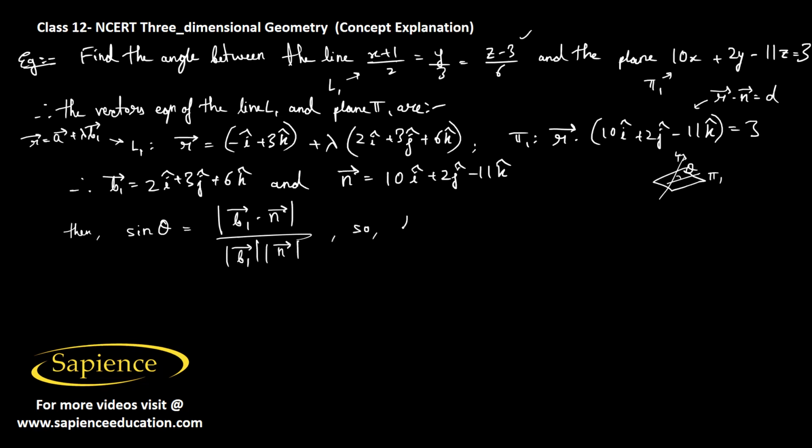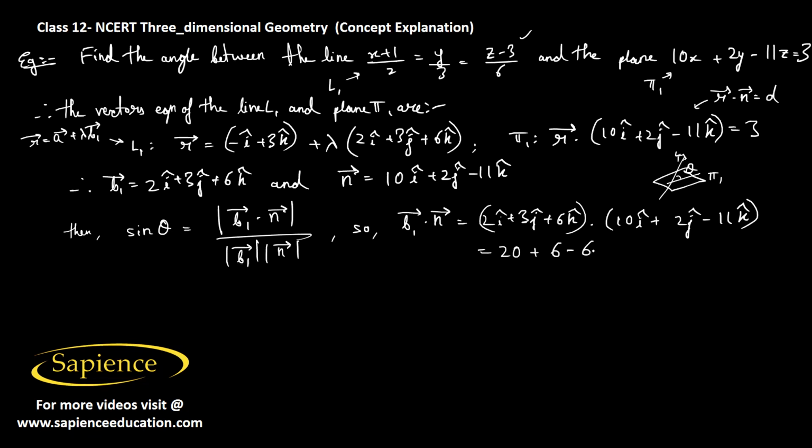So now we need to find b1 vector dot n vector. That would be 2i cap plus 3j cap plus 6k cap dot 10i cap plus 2j cap minus 11k cap, which equals 20 plus 6 minus 66, which is 26 minus 66, so that equals minus 40.